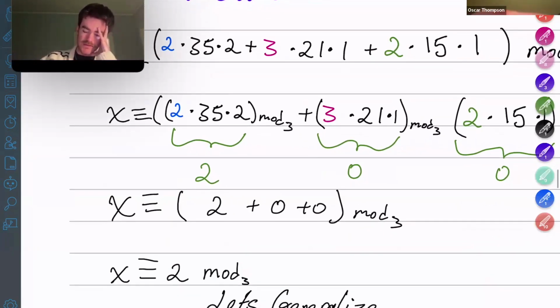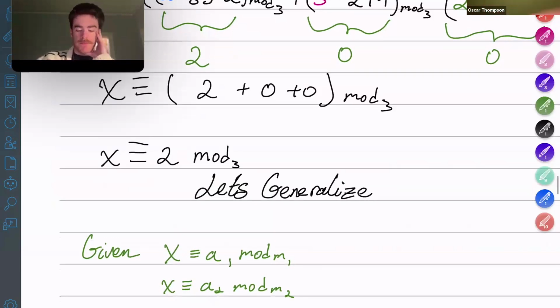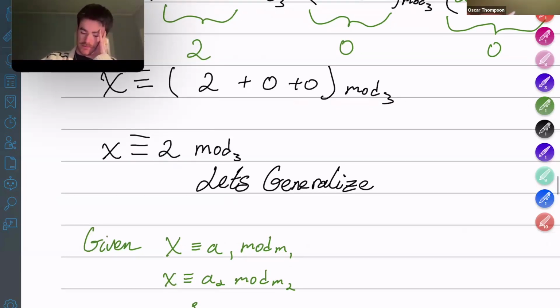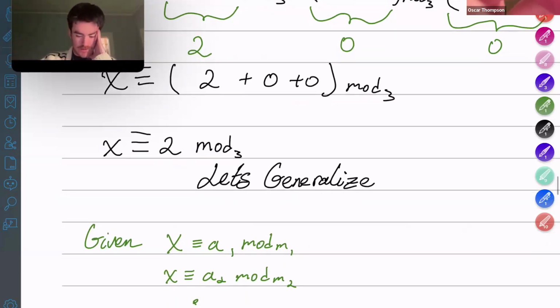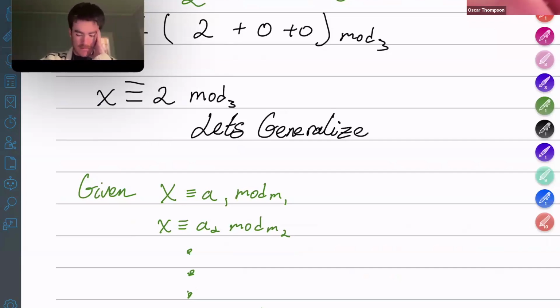So let's generalize this and finish up here. Given that x is congruent to a sub 1 mod m sub 1, and x is congruent to a sub 2 mod m sub 2, and so on, up to x congruent to a sub n mod m sub n.